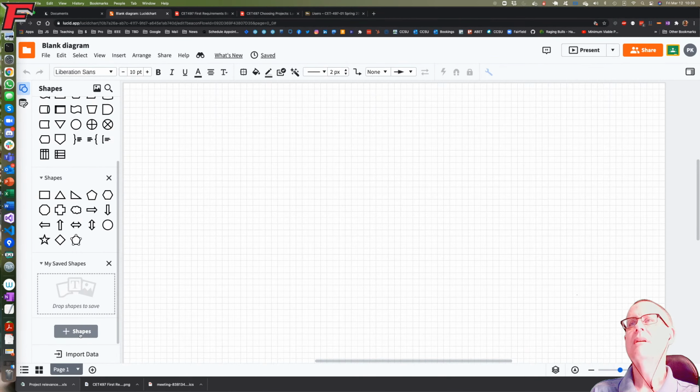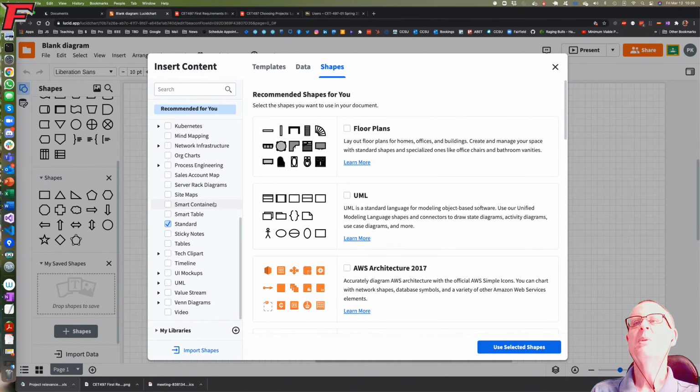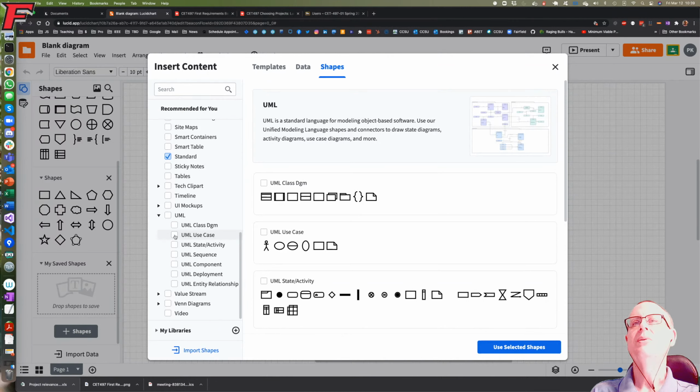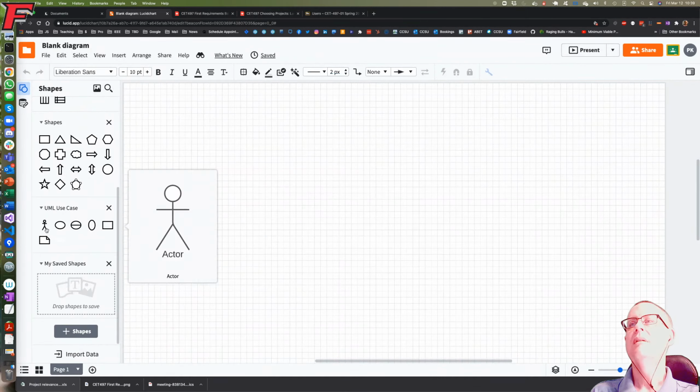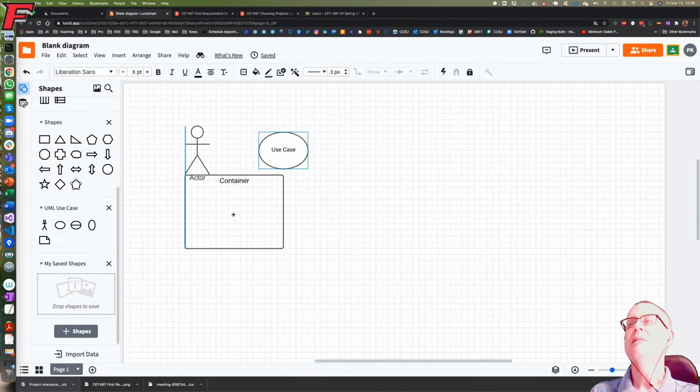I usually like using the actual UML shapes, right? And there's a use case. They're the use case pictures. Right, so then I can drop an actor there, I can drop a use case, and I can drop the system boundary.